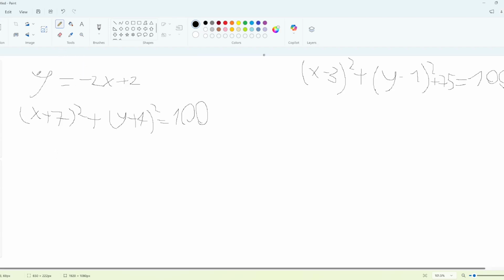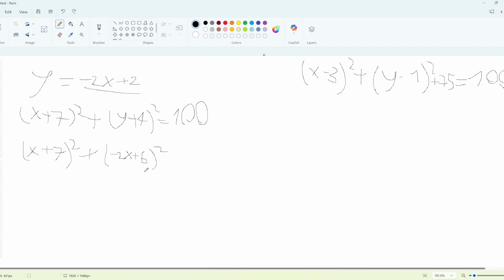I have this negative 2x plus 2, and from here I'm going to just substitute. I know that this expression equals y, and I'm going to put it in here. x plus 7 squared plus, now I have negative 2x plus 2 plus 4. We can immediately take this and set it equal to 6, so like this squared.